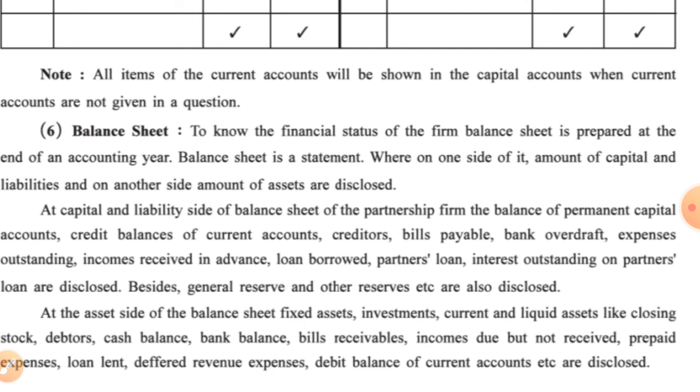And on the capital or liability side, the credit balance of current account, bills payable, bank overdraft, outstanding expense, income received in advance, interest on partner's loan, loan borrowed, these types of entries will be disclosed.